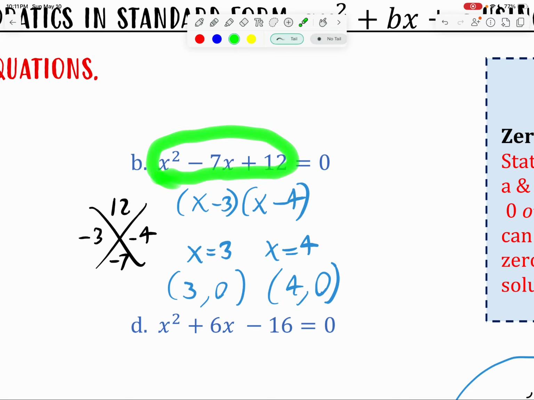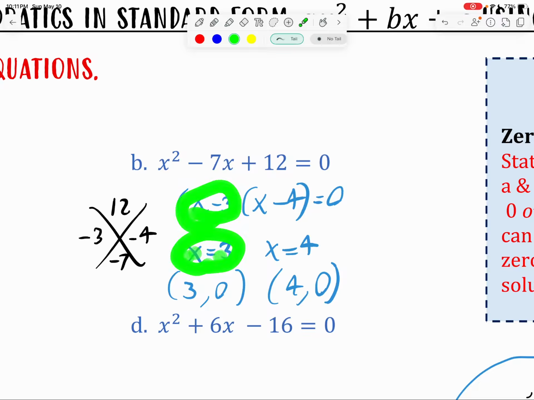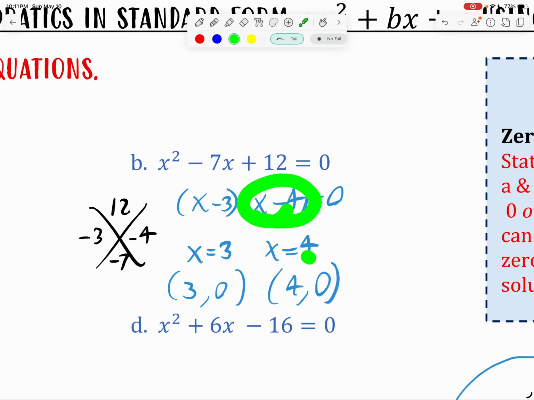So x minus 3 and x minus 4 equals 0. Since x minus 3 equals 0, x has to equal 3 because 3 minus 3 is 0. Same thing is true here: x has to equal 4. So what does x need to be so that the factor becomes 0? And this ended up giving us 2 coordinates.